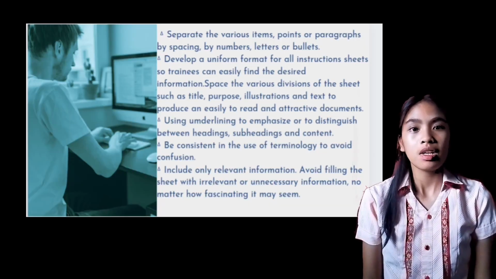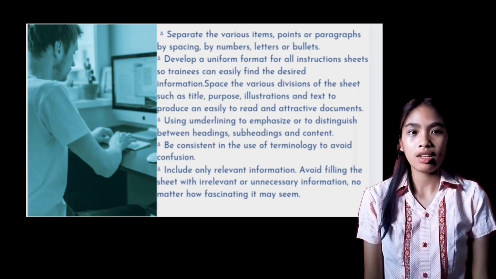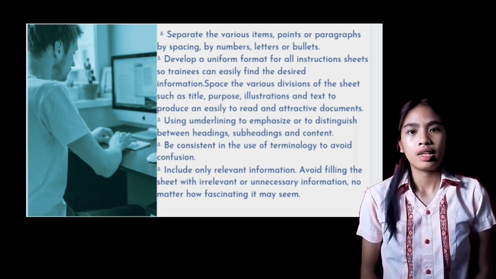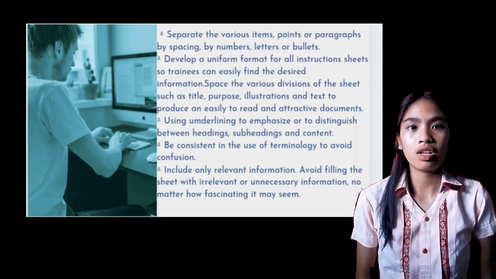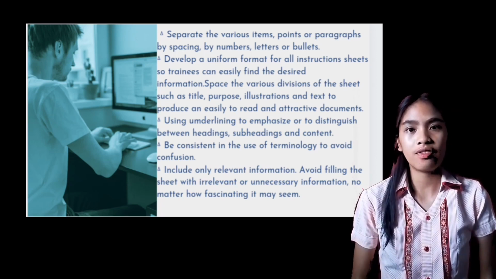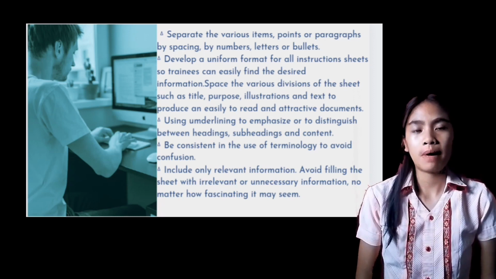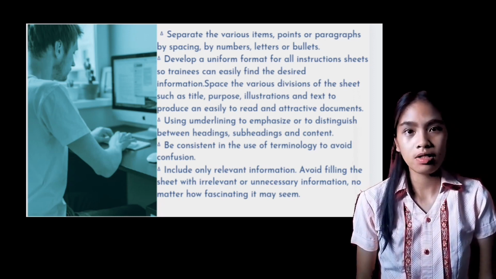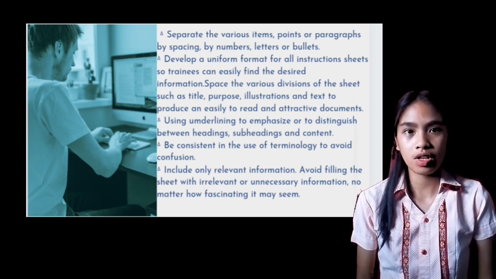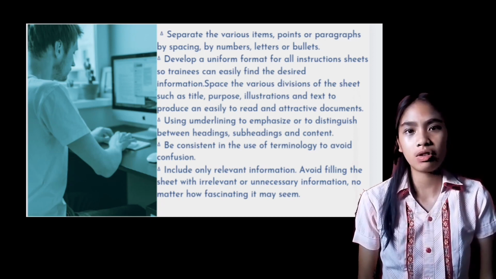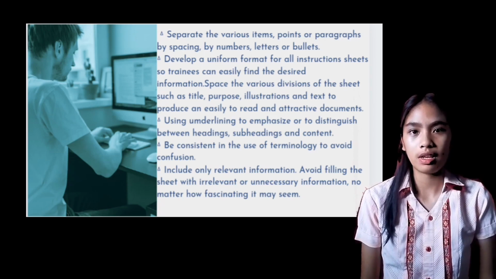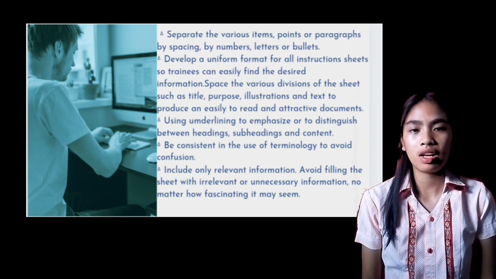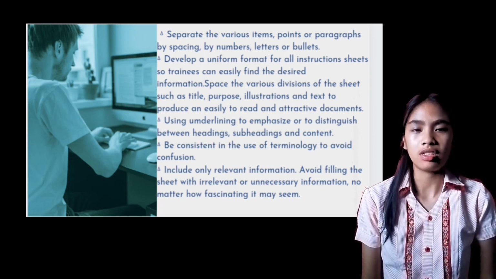Separate the various items, points or paragraphs by spacing, by numbers, letters, and or bullets. And develop a uniform format for all instruction sheets so trainees can easily find the desired information. Space the various divisions of the sheet, such as the title, the purpose, illustrations, and text to produce an easy to read and attractive document. Use underlining to emphasize or to distinguish between headings, subheadings, and content.